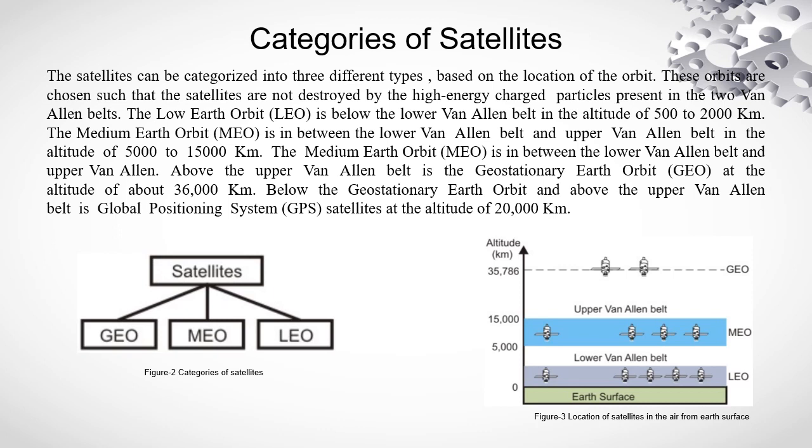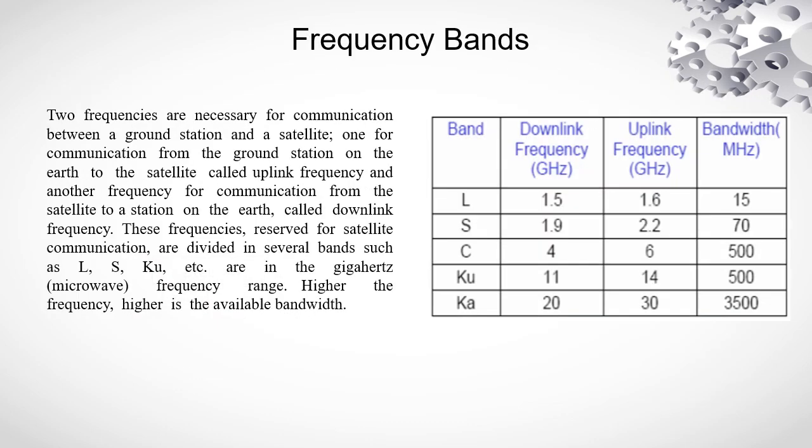From figure 3 we can see how the LEO, MEO and GEO, known as low Earth orbit, medium Earth orbit and geostationary Earth orbit, are present, in which the satellites orbit around the Earth for transmitting the data. As the data is being transmitted, we require some frequency bands on which it should be transmitted.